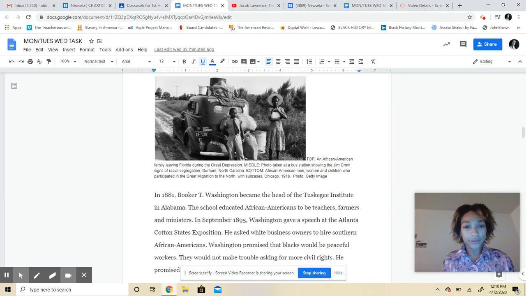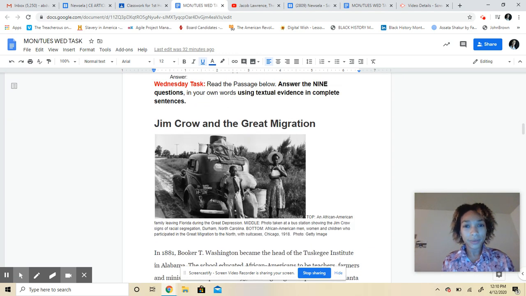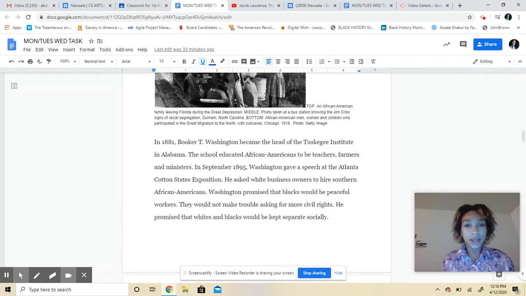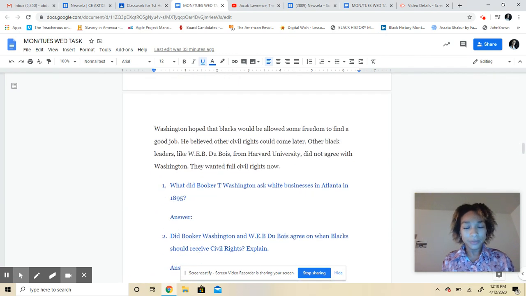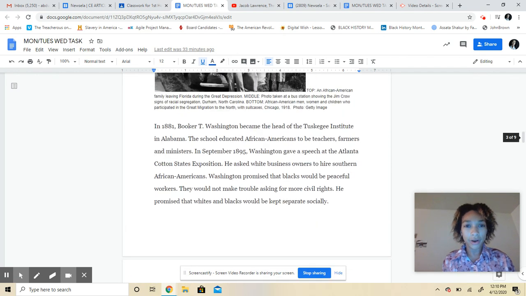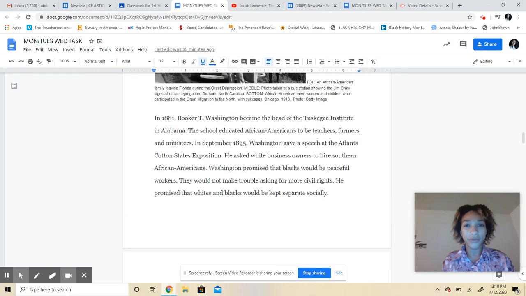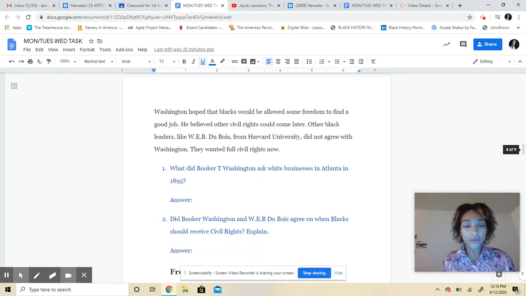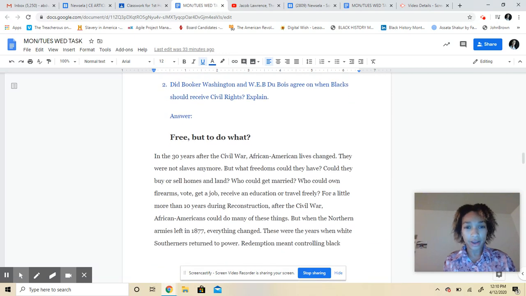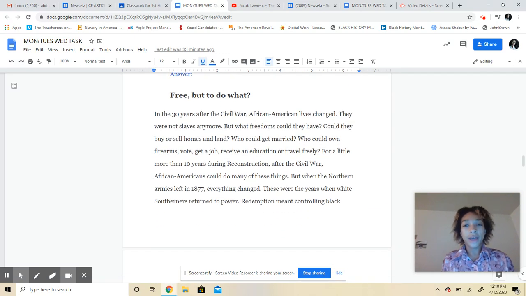So basically, after the Civil War, African Americans began to move north. Well, after the Civil War, let me backtrack. After the Civil War, there was a 10-year period where African Americans did enjoy many civil rights and were into politics and were able to vote and enjoyed many of the freedoms that are written in the Constitution.